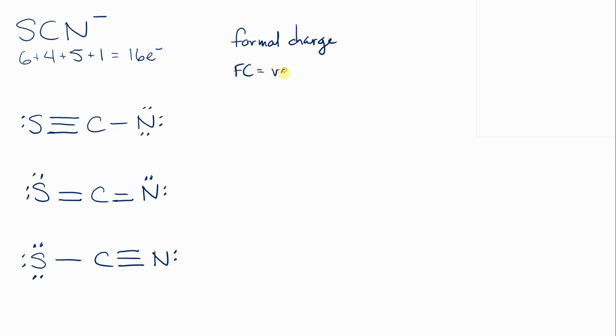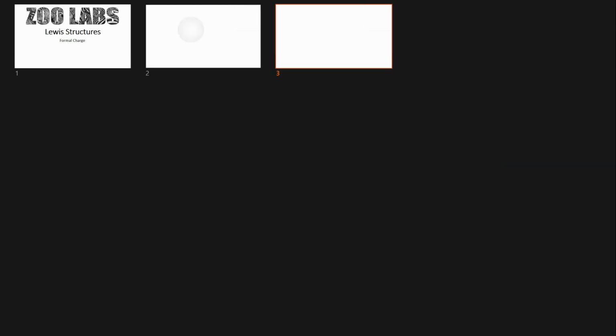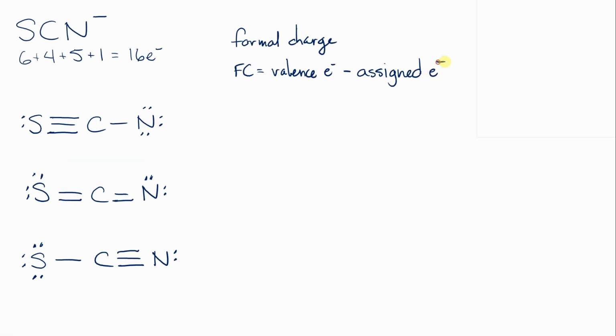And so the way we're going to calculate formal charge is the valence electrons minus the assigned electrons. The valence electrons are relatively straightforward. Carbon has 4 valence electrons. The assigned electrons are a little messier, and the rules for how we assign electrons change.